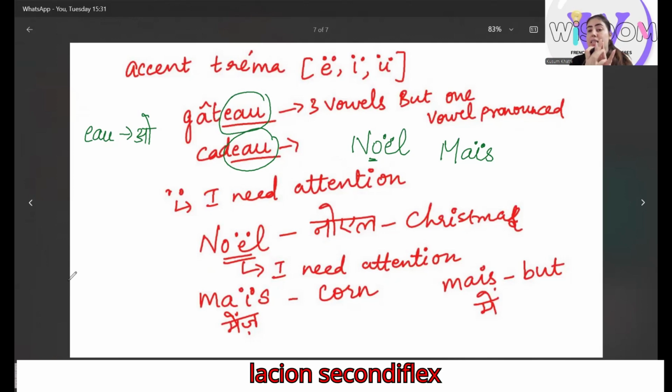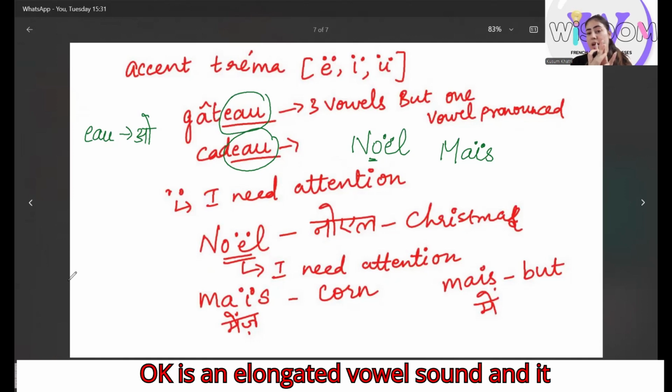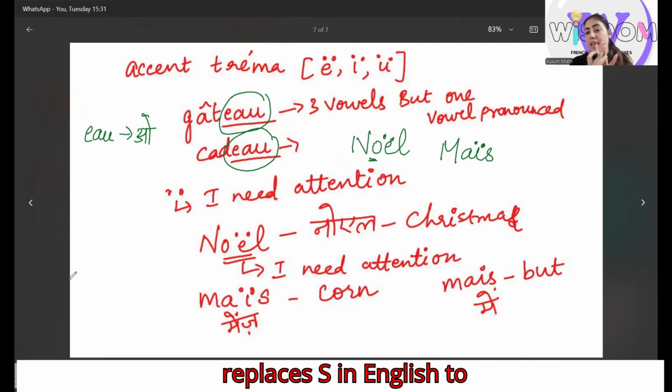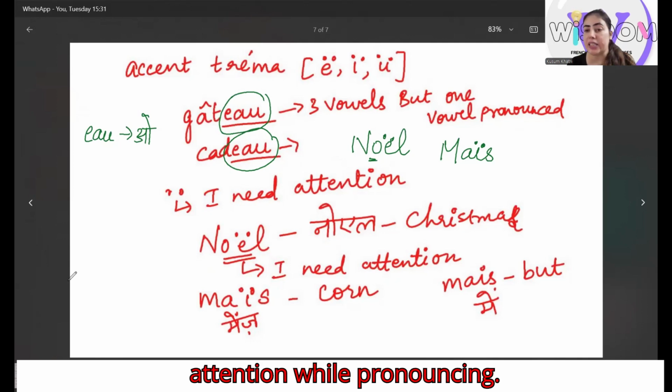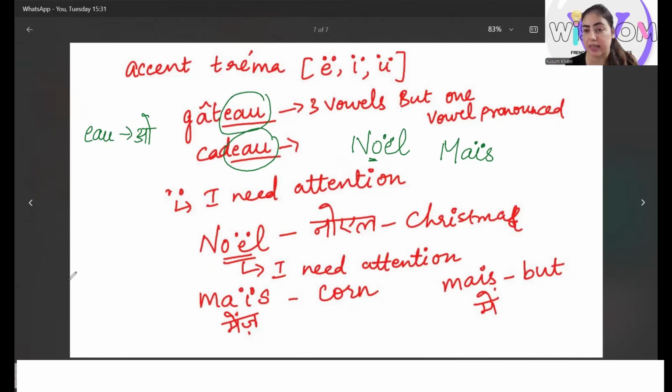L'accent circonflexe is an elongated vowel sound and it replaces S from English to French. And l'accent Tréma says, the vowel says, I need attention while pronouncing.